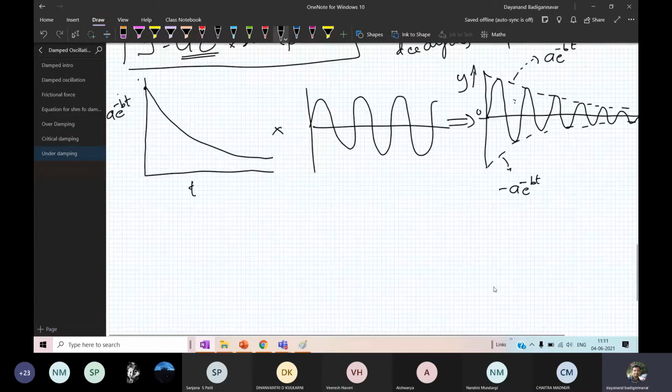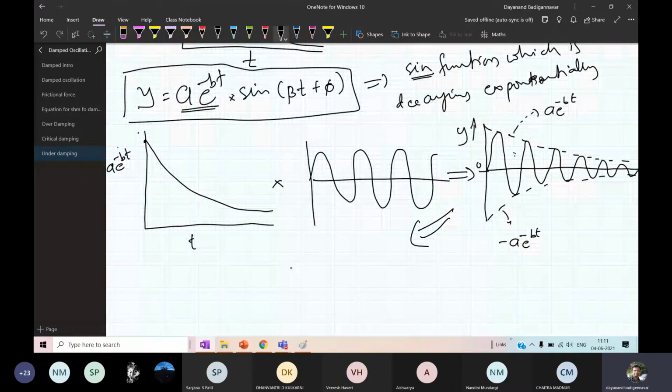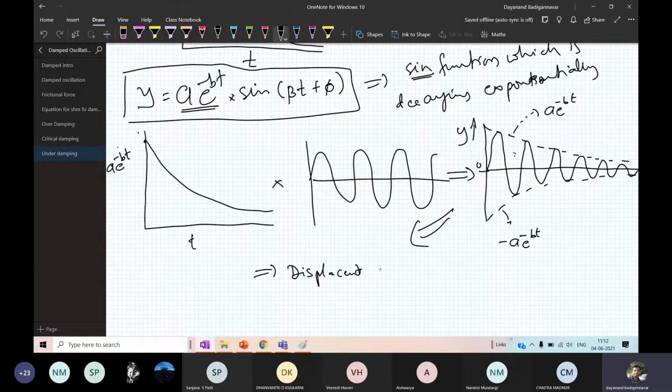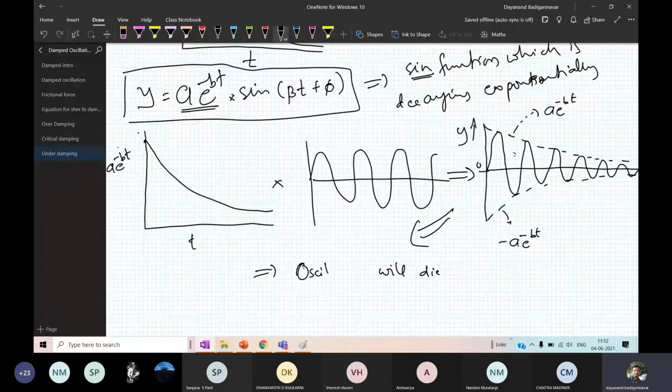This means that the displacement of the oscillations will die, or I will write it like this: the oscillations will die gradually over the time.